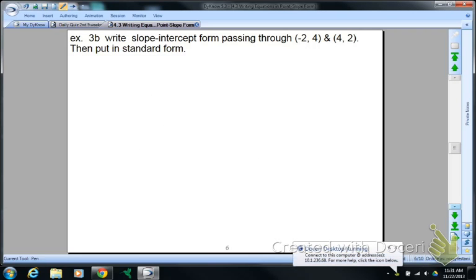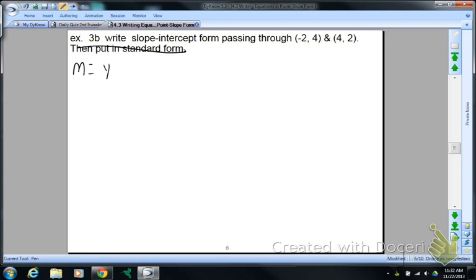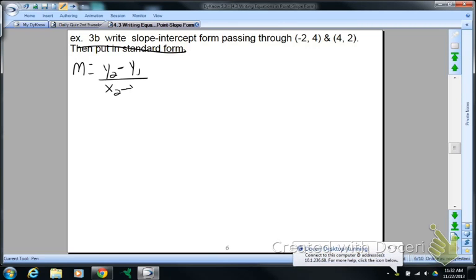Example 3b, write in standard form passing through (-2, 4) and (4, 2). So right here, what are we going to have to do first? We're given 2 points. In the past, we've been given a slope. But now we're given 2 points. What do we have to find first? We have to find our slope first. So let's do that. So m is equal to y2 minus y1 over x2 minus x1. Notice I'm writing the formula down.